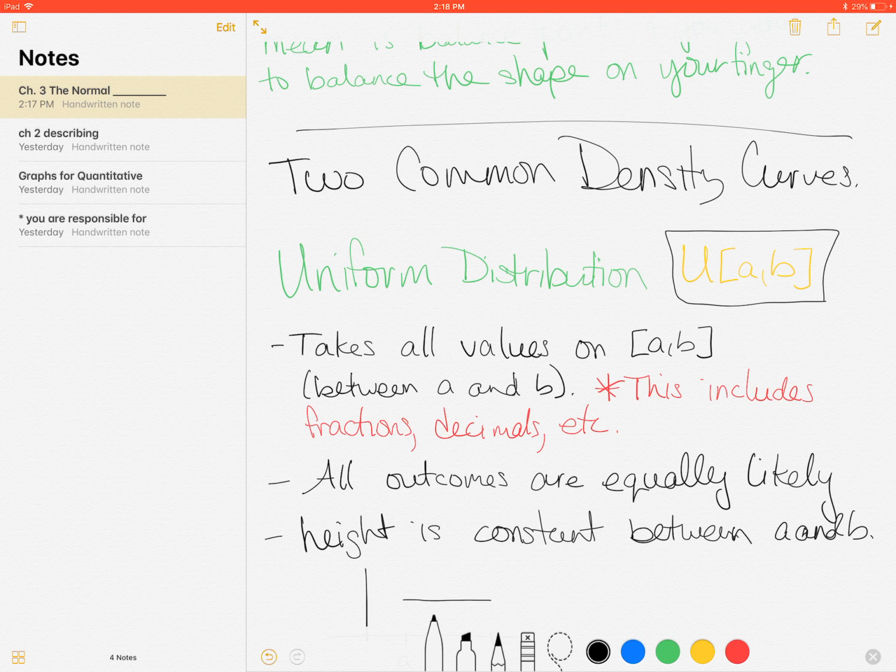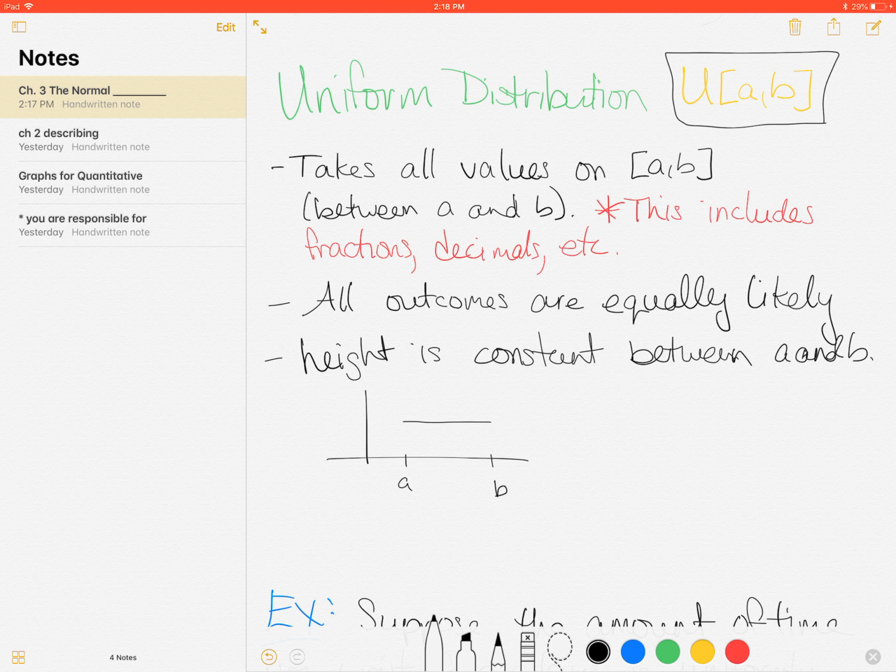Now, what makes this uniform, if you think of the word uniform, well, I think of those outfits people wear to work that all look the same. Uniform means all the same, and so all outcomes are equally likely. And what that means is when we draw it, the height of our curve, it's not very curvy in this case, is a straight flat line.